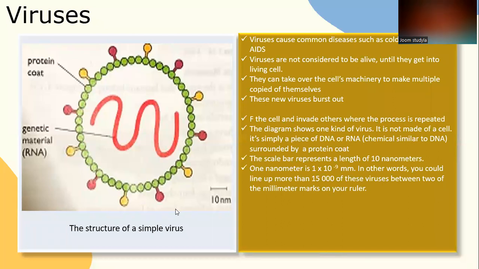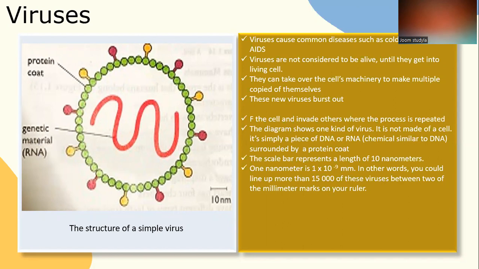And viruses. You can see from this picture, taken of a simple virus, that it has a protein coat and genetic material, RNA. So what are viruses? Viruses cause common diseases such as colds, influenza, and AIDS.